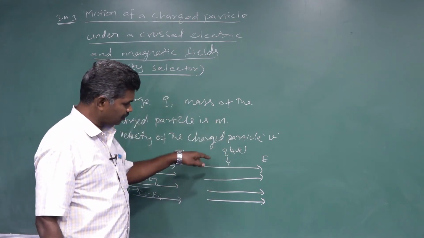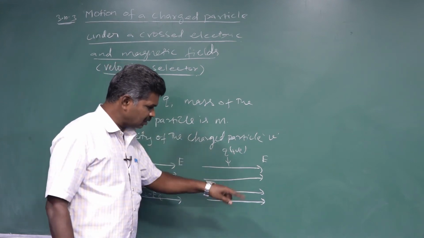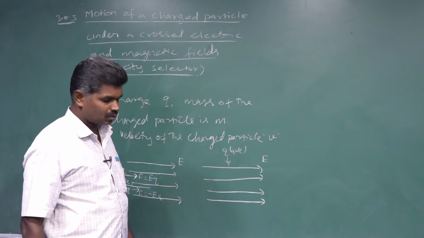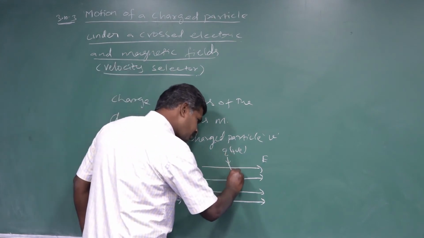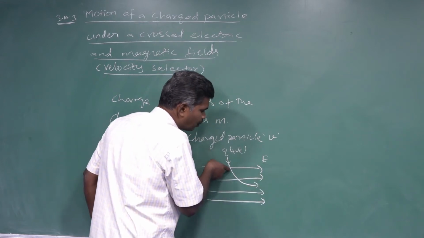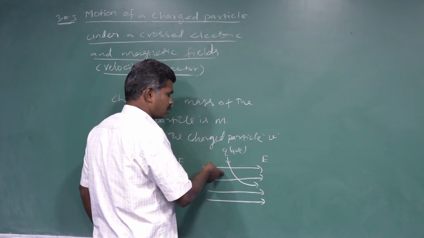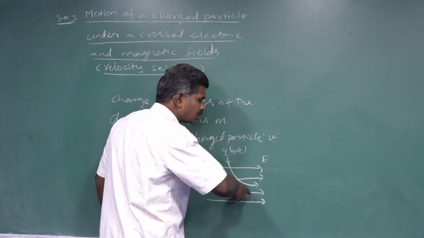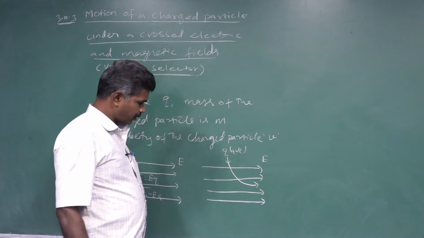After it enters the electric field, it will experience a force along the electric field. Due to that, the positive charge turns in this direction. This path is a parabolic path. If a charged particle enters perpendicular to the electric field, it turns and moves in the direction of the electric field, and the shape of the path is a parabola.